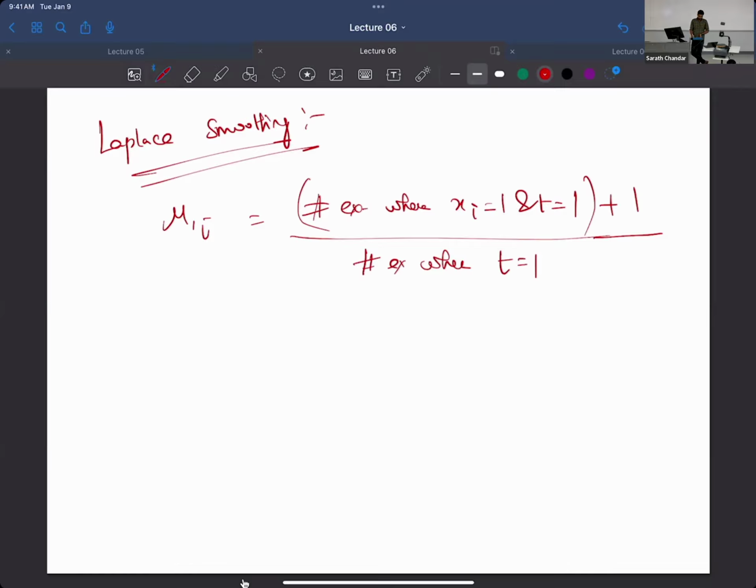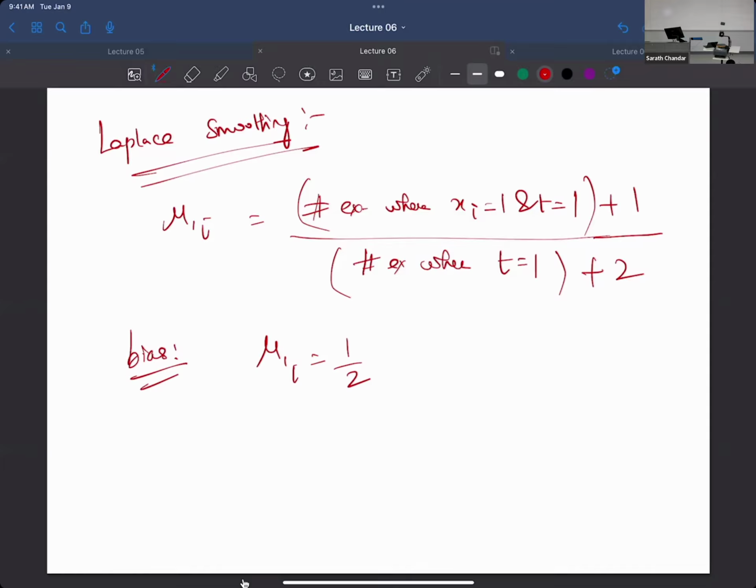And I'm going to put a +2 in the denominator. Essentially I'm introducing a bias that when you have not seen any examples, mu1i is equal to 1 by 2. So without seeing any training documents, the probability of each feature being 1 is 0.5.